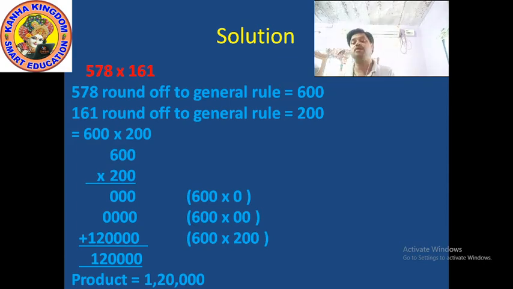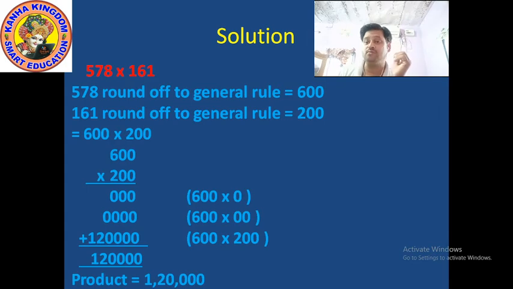So first you multiply 600 by the ones digit, which is 0, and it becomes 000. Ones place, tens place and hundreds place. Okay, now the second step. Which digit is in the tens place?